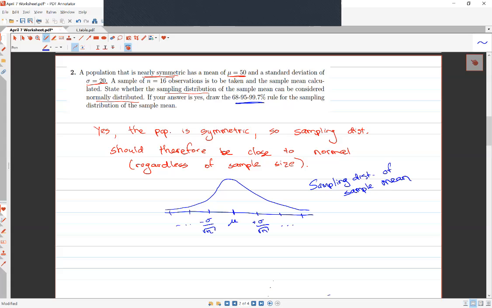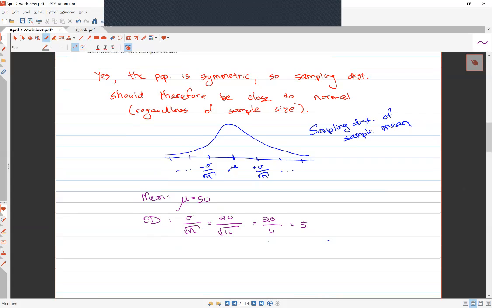So what that means in this case is we need to know what the mean is. The mean is just the mu value always. And we need to know what the standard deviation is, sigma over square root of n, which in this case is 5.